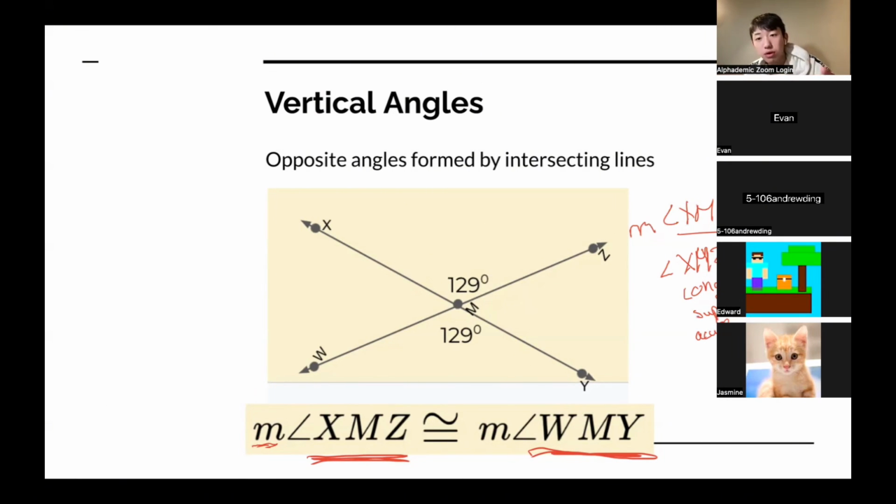So that's something very important to keep in mind, whether you're talking about the actual measure in degrees, or if you're just talking about whether it is congruent or acute, or something about the angle that doesn't have to do with degrees. Does anyone have any questions on the last slide?